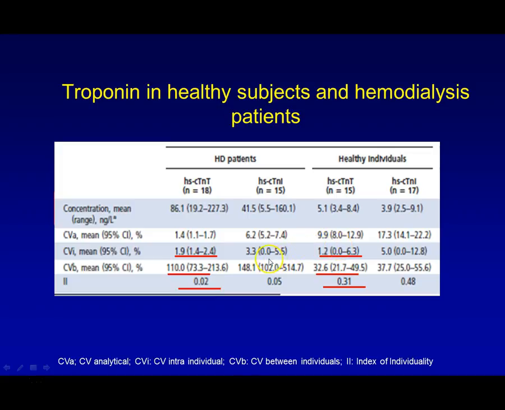The between subject variation is much higher, and this results in a very low index of individuality, which is 0.02 in dialysis patients and 0.3 in healthy individuals. In both groups, the index of individuality is below 0.6.